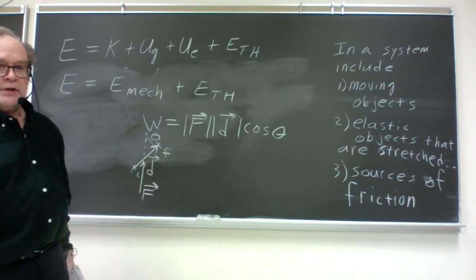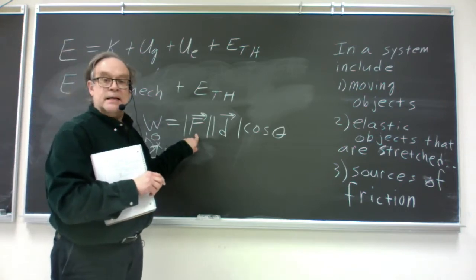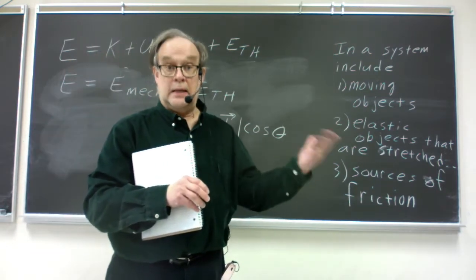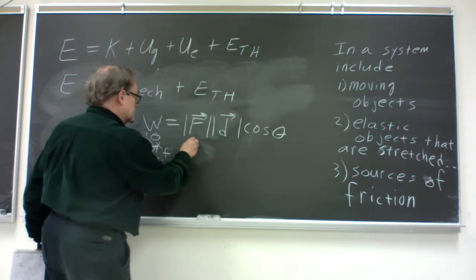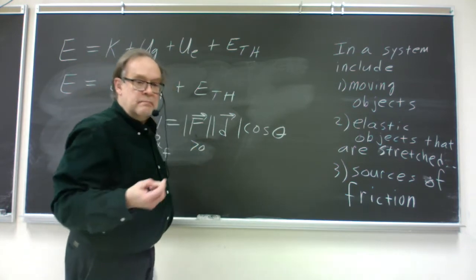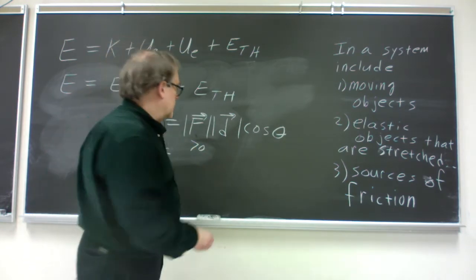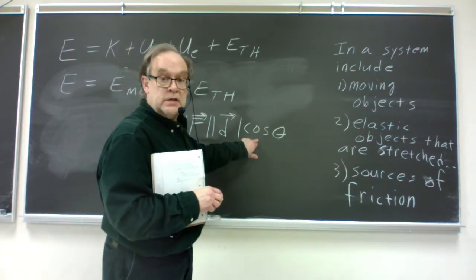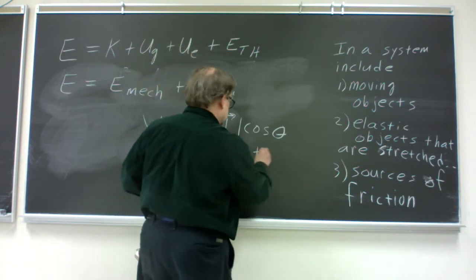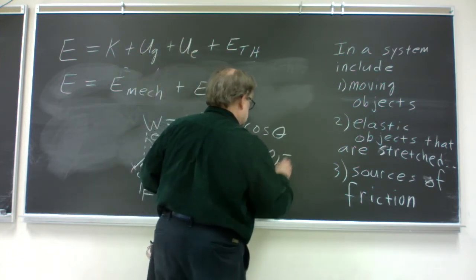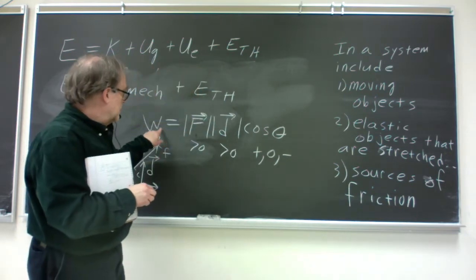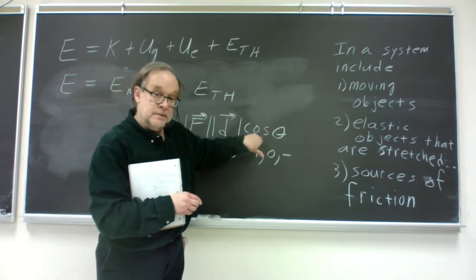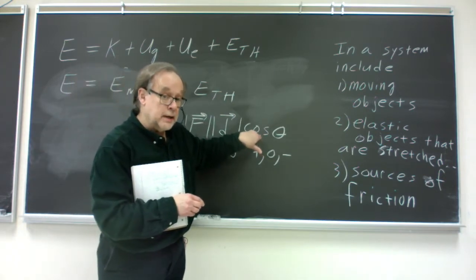One thing to notice, this is a magnitude, or a size, or an absolute value, which means it must be positive. This too is a magnitude, a size, an absolute value, so it must be positive. This could be either positive or negative or zero. In other words, determining whether the work done is positive or negative is entirely a matter of this cosine factor.